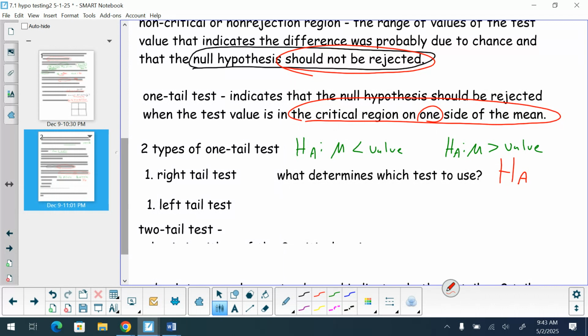When we're dealing with a one-tailed test, your alternate hypothesis is going to be mu less than some value, or mu greater than. We're going to be using the less than and greater than signs in there.